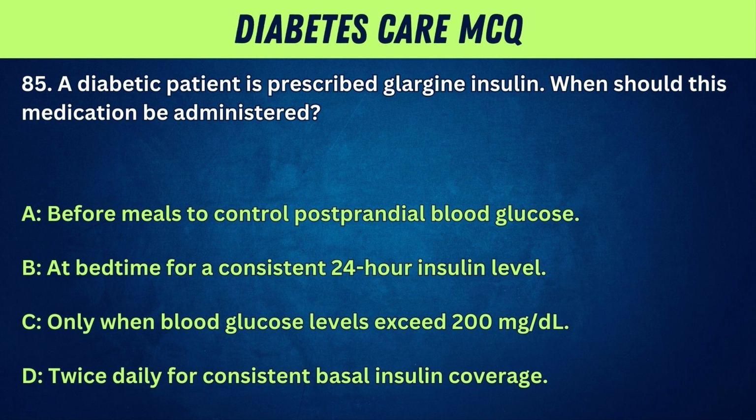85. A diabetic patient is prescribed glargine insulin. When should this medication be administered? A. Before meals to control postprandial blood glucose. B. At bedtime for a consistent 24-hour insulin level. C. Only when blood glucose levels exceed 200 milligrams per deciliter. D. Twice daily for consistent basal insulin coverage.